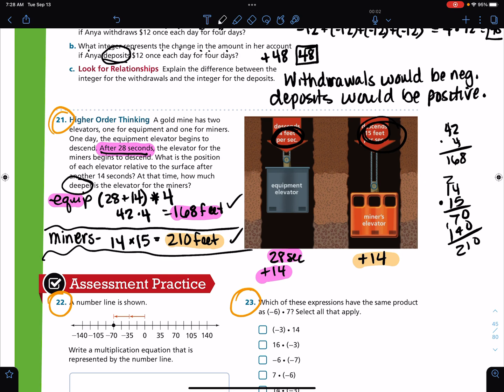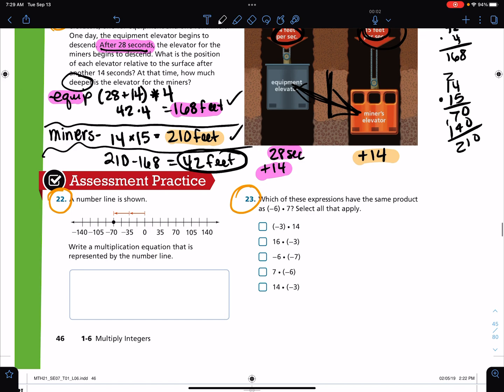Deeper is difference. If I drew a picture, and it already shows you that there's a picture here, one's different. We want to know this difference. So that will be 210 minus 168 equals 42 feet. I could go off to the side and do that, but it's a little bit more difficult. I'm running out of space.